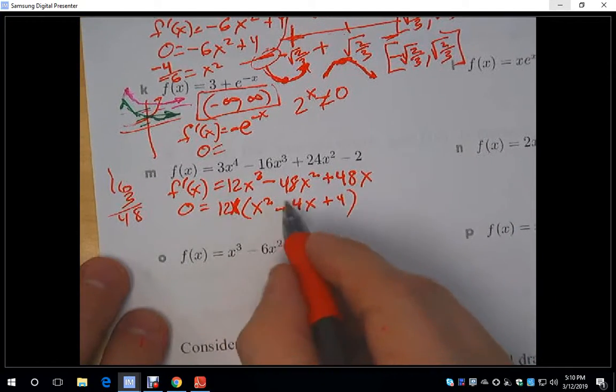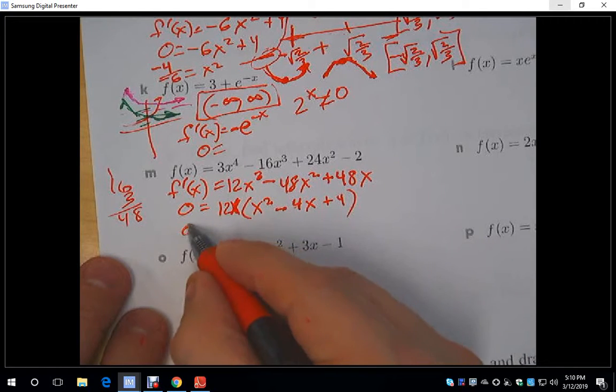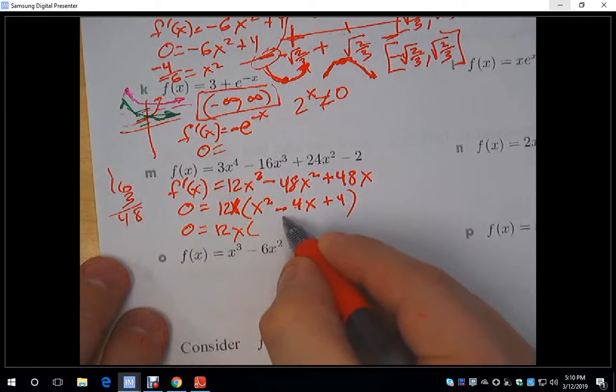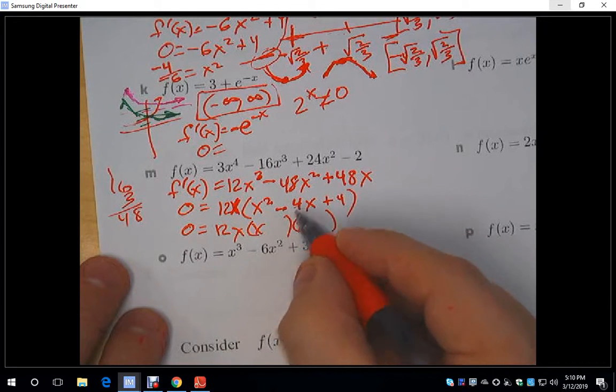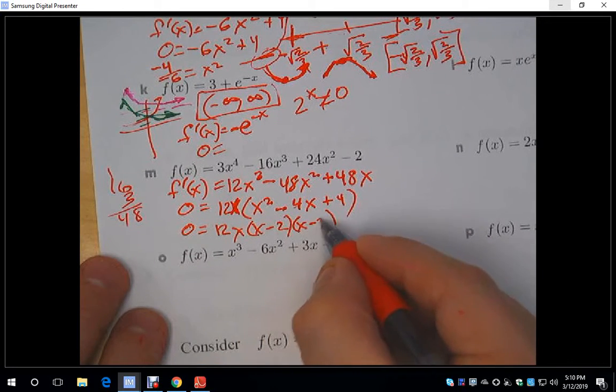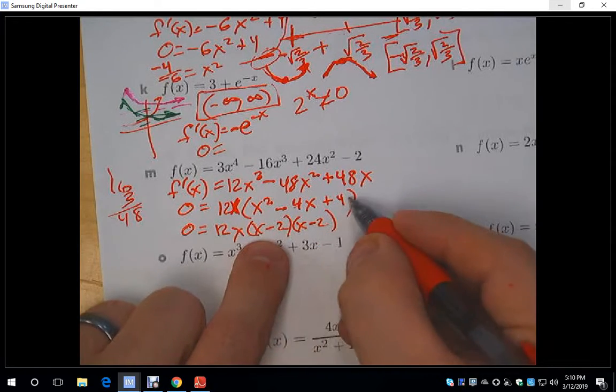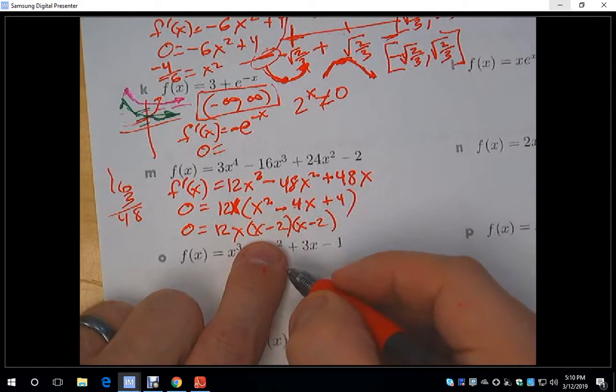So it looks like I can factor this piece here. That's going to give me 12x times the quantity of, well, what times what gives me 4, but when I add them I get negative 4. That would be negative 2 and negative 2. Negative 2 times negative 2 gives me 4, and negative 2 minus 2 gives me negative 4.